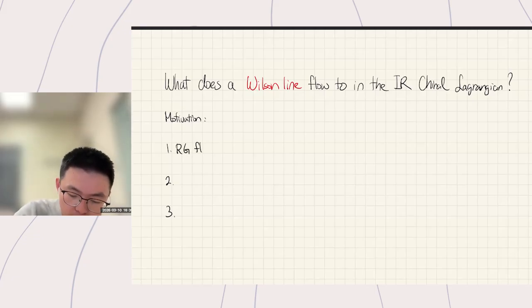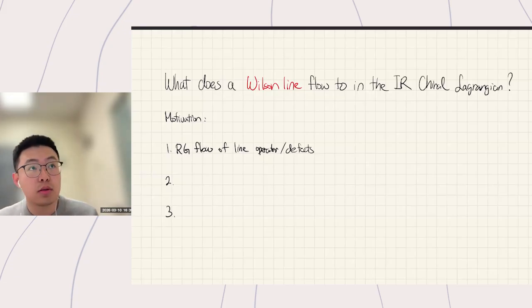When I started, I was interested in this question because it is actually a very interesting example of renormalization group flow of line operators or defects. So there has been a lot of understanding about physics related to local operators. They create particles and they have non-trivial correlation functions. But line operators also play a very prominent role in quantum field theories.